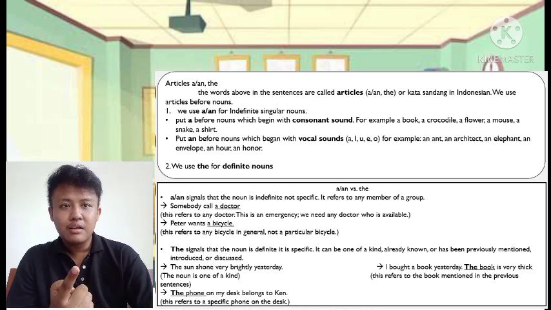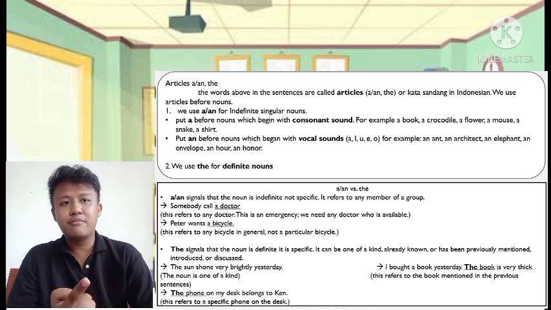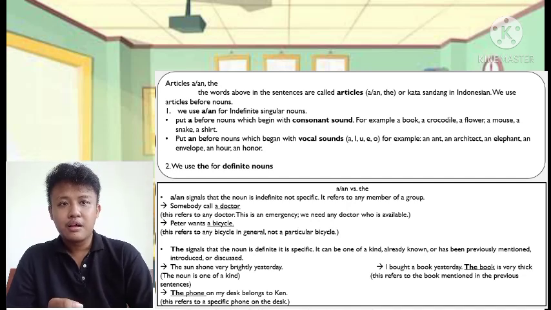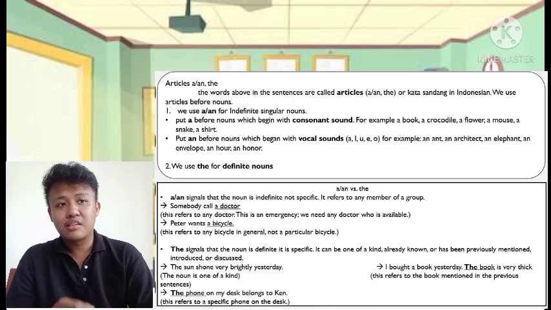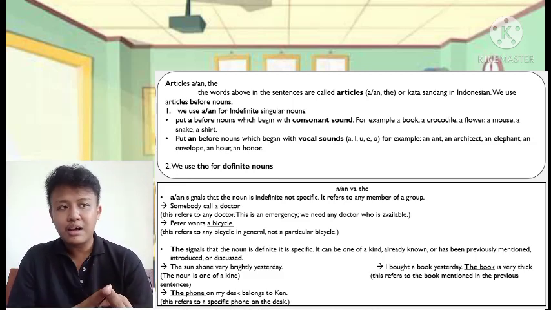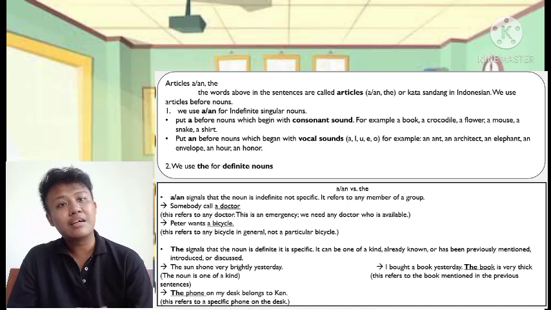Number one, we use a or an for indefinite singular nouns. For example, put a before nouns which begin with a consonant sound. For example, a book, a crocodile, a flower, a mouse, a snake, and a shirt.